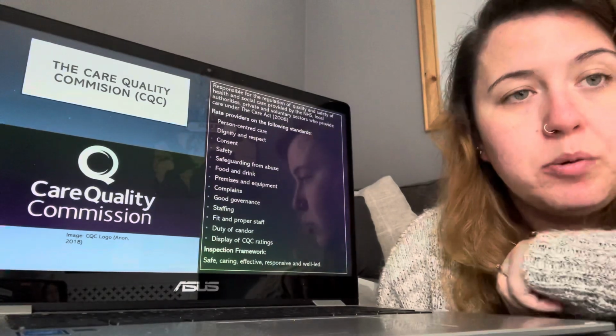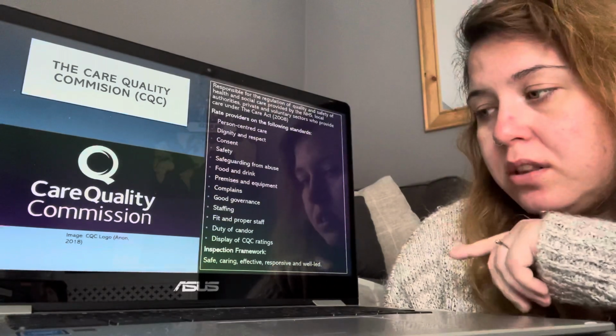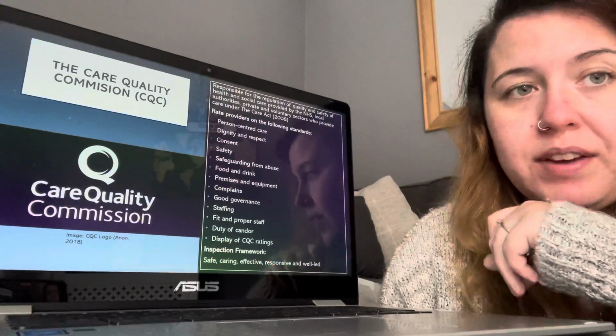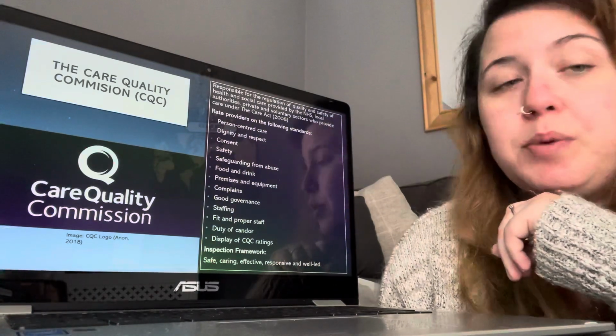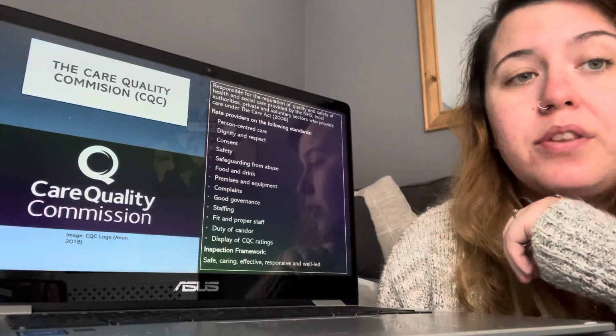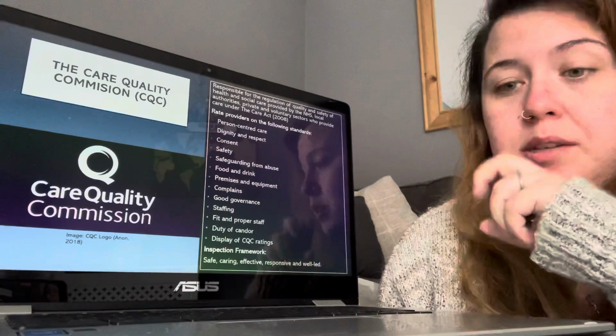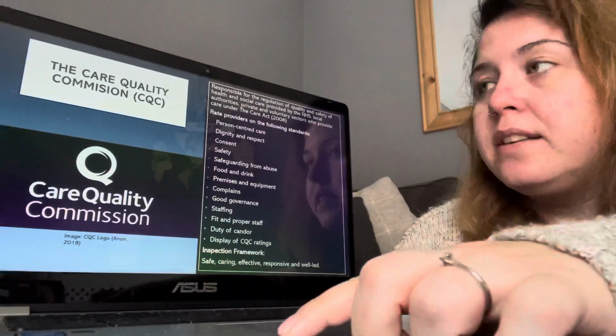So the service will be assessed on the inspection framework and given a rating, and then they have to improve on the rating they've got, and that also has to be displayed clearly within the setting.